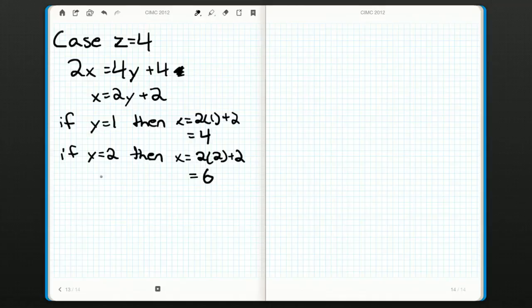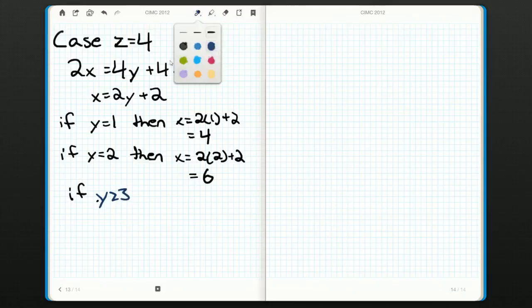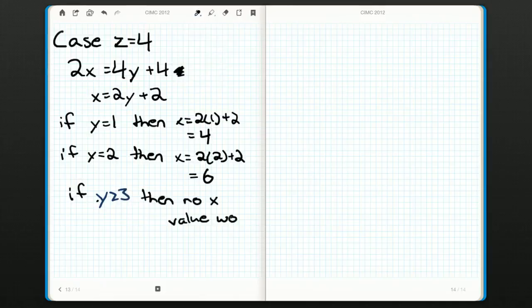But once again, if we go any higher, let's just imagine, what if we put in y equals 3? Well, then x would have to be 2 times 3 plus 2, which is 8. So that's not going to cut it.